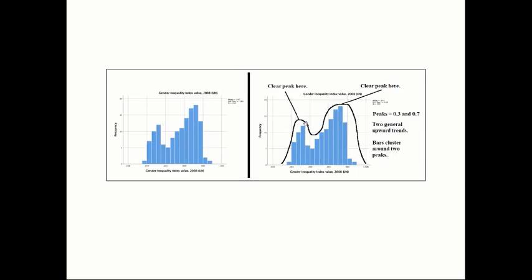There are no other distinctive peaks in that graph, whereas this one clearly has two distinctive peaks. So to describe this, I would say that the peaks are at 0.3 and 0.7, and that the bars cluster around the two peaks.